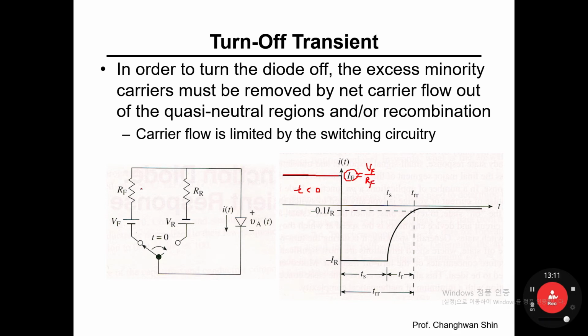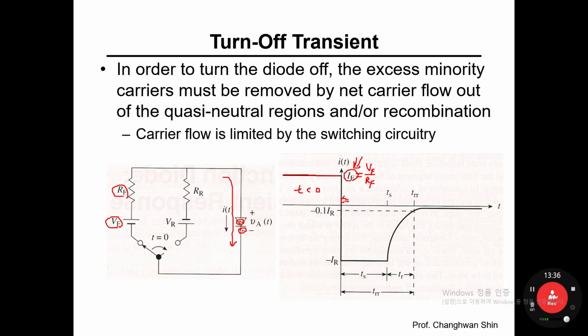Whatever voltage value and resistor I use, you can define your own forward bias current. This current is flowing through the PN diode, so excess holes and excess electrons are well stored in both quasi-neutral regions.